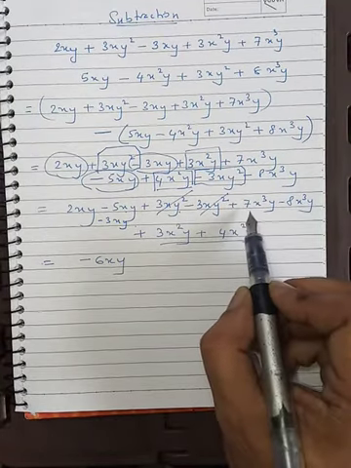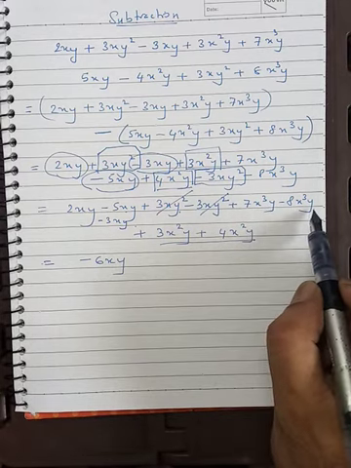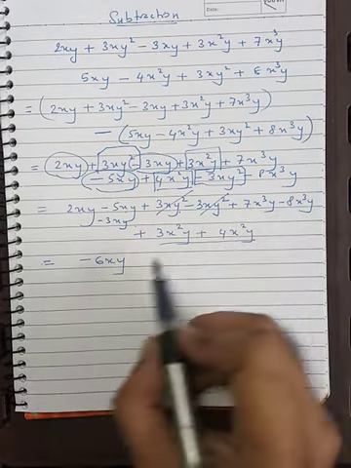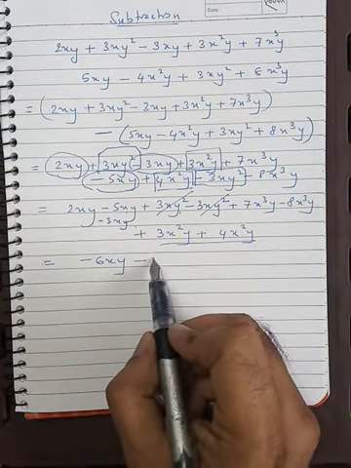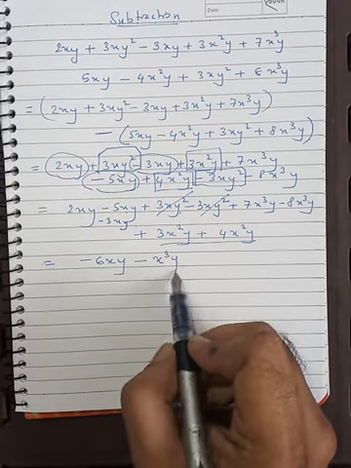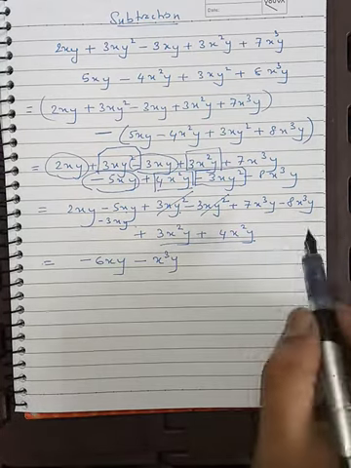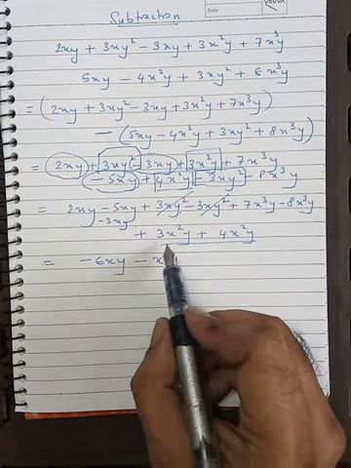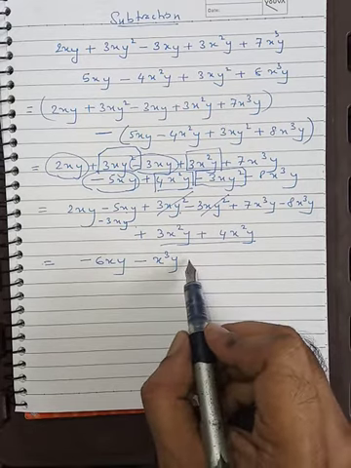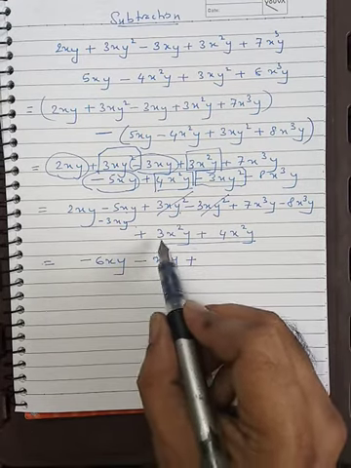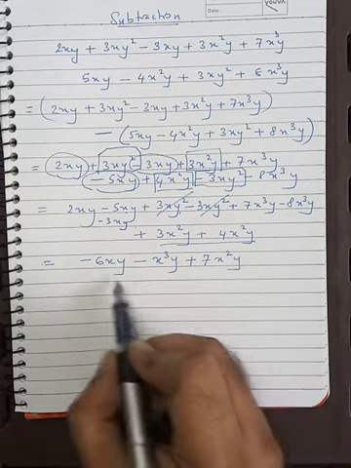Okay, plus 7x cube y minus 8x cube y. Signs are different, I subtract. Sign of the greater number is minus, minus. Here it will become x cube y. I told you, I don't write the 1 over there. Okay. Next term is 3x square y plus 4x square y will give me over here plus 3 plus 4 is 7x square y.